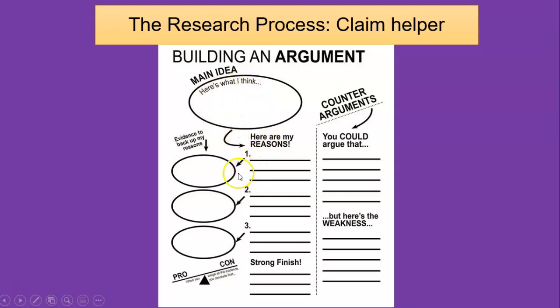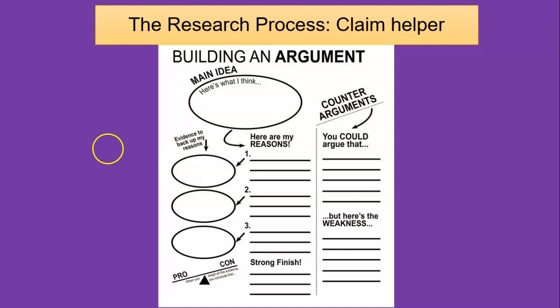And then down here below are your reasons why you think that. Here's what I think, and this is why. Reason 1, reason 2, and reason 3. Then, for every reason why, you want to find some sort of evidence or outside source to back up your reason.